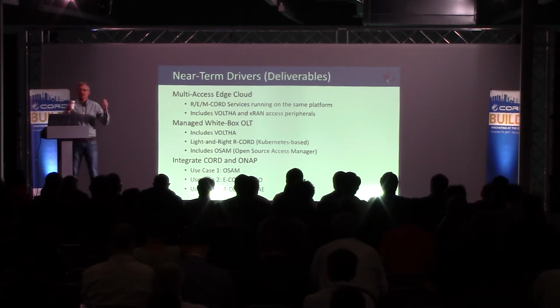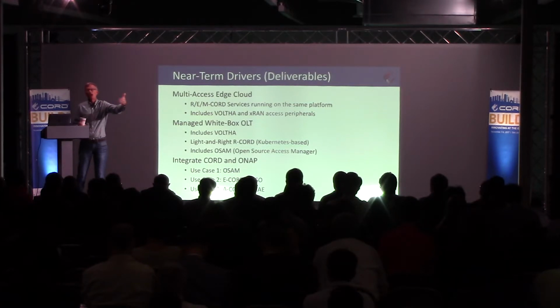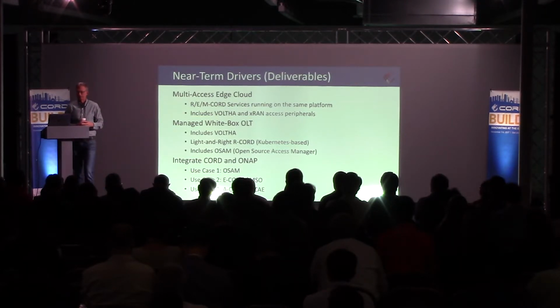So if you were to scale down CORD so that it just gave you access as a service, then you would want to manage that from both an ONAP perspective and from the subscriber perspective, which I talked about in that picture yesterday. So that's a second high-level deliverable that we're working towards.